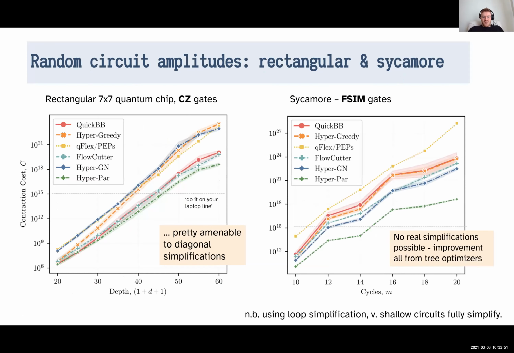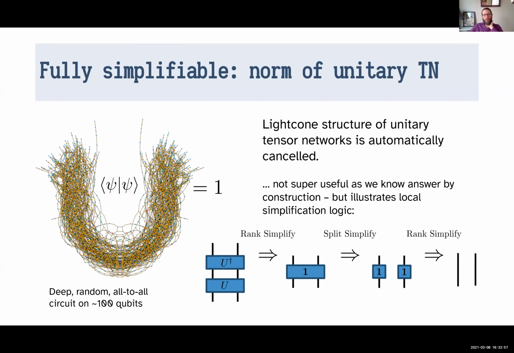An example where you don't necessarily get that much from, yep. What do you mean by light cone structure? Oh, well, if you start at a single qubit, and you perform some entangling unitary gate, then the light cone of that qubit is now that qubit and the qubit it's entangled with.